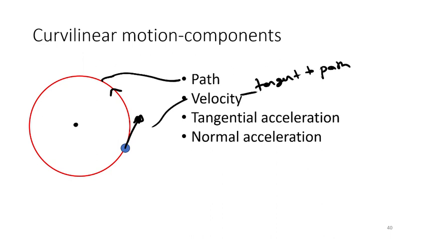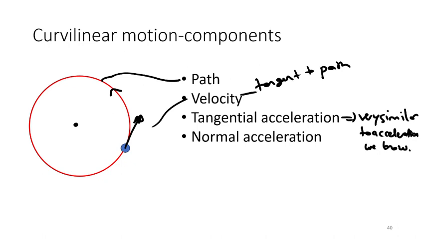Then we have the tangential acceleration. This is very similar to the acceleration that we know. This is like the acceleration that you have when you drive your car. You increase the speed, decrease the speed. This is what the tangential acceleration is.